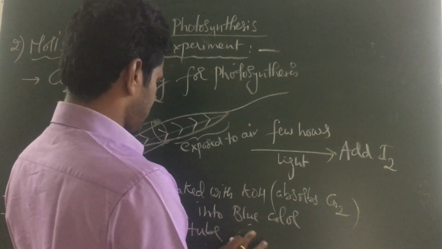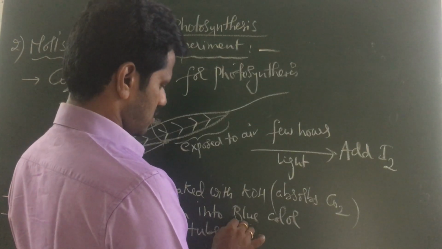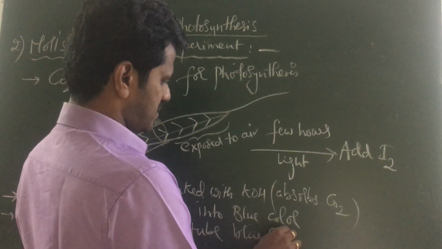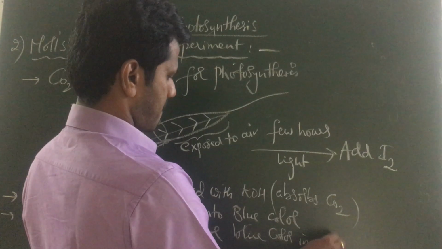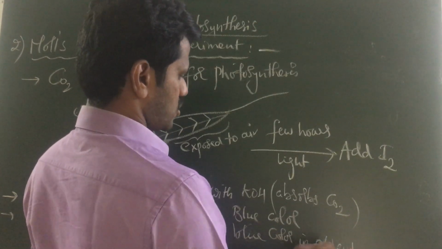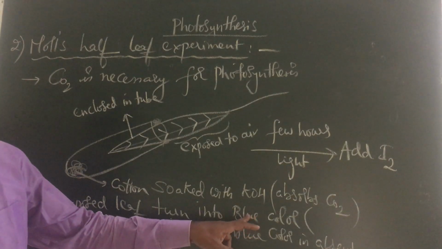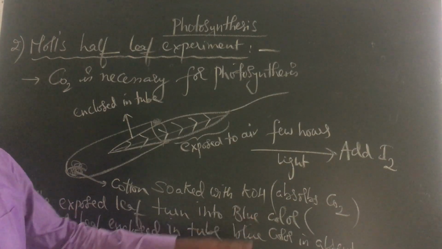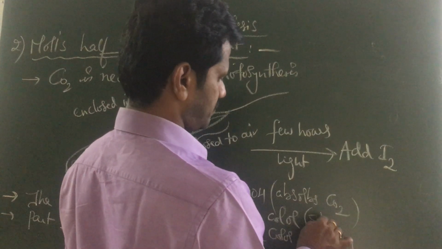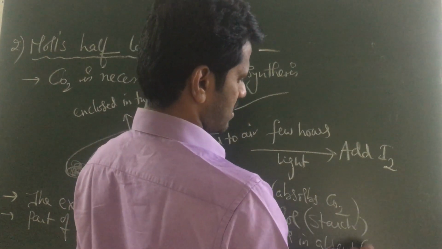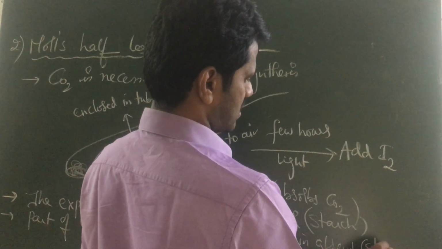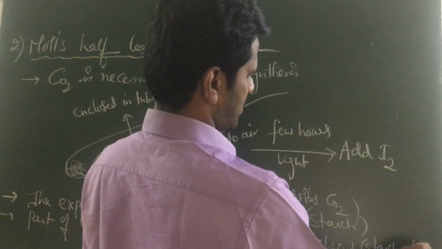In the part of the leaf which is enclosed in the tube, blue color is absent. So here, the blue color means the product of photosynthesis, that is starch, is present. Here starch is absent.